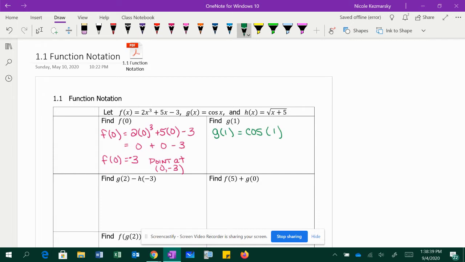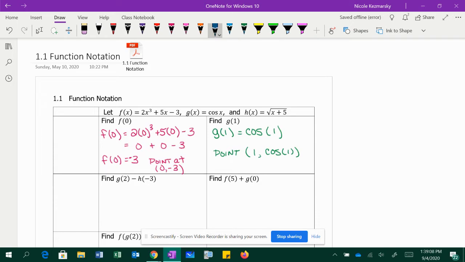Angles that you know are like pi over 6, pi over 3, pi over 4, pi over 2. We don't have cosine of 1 on our unit circle. So I can either plug this into the calculator or I can leave it as g of 1 equals cosine of 1, which means that the point on the graph is 1 comma cosine of 1.